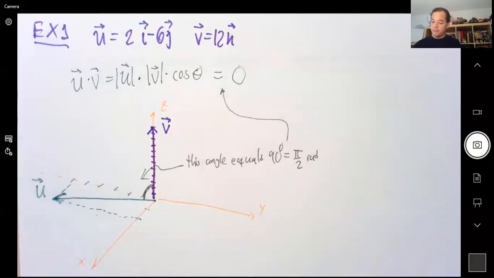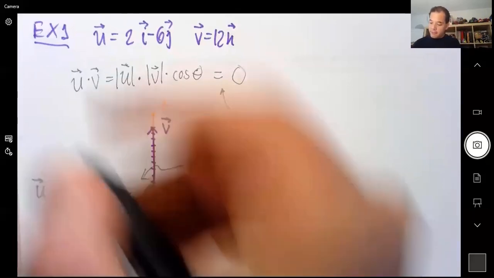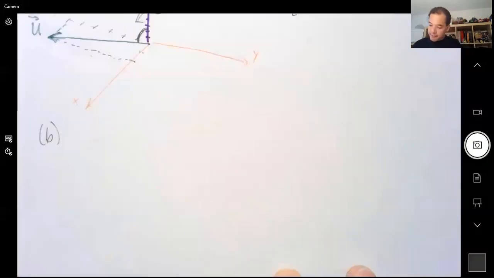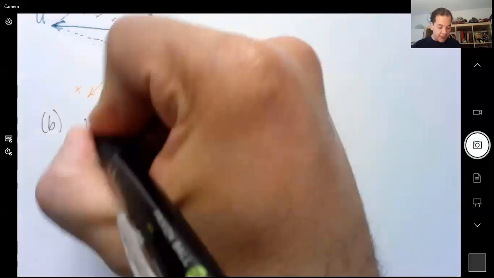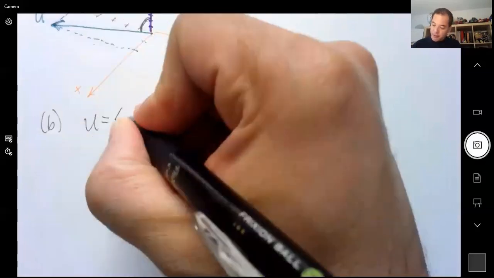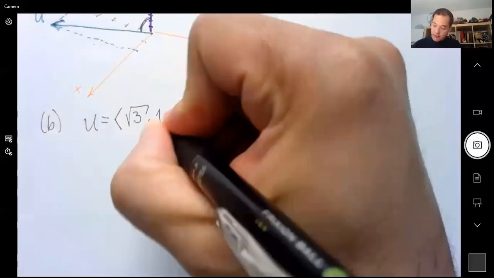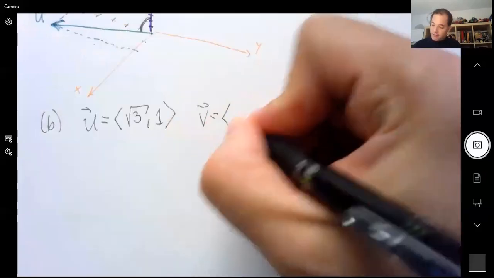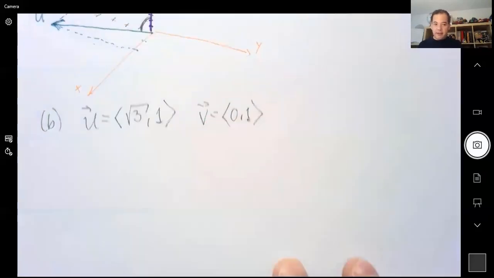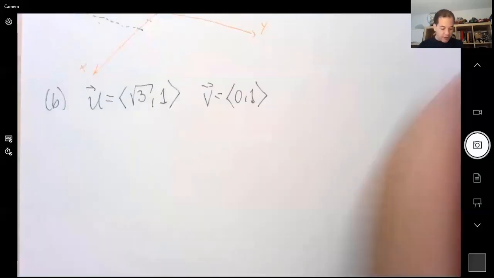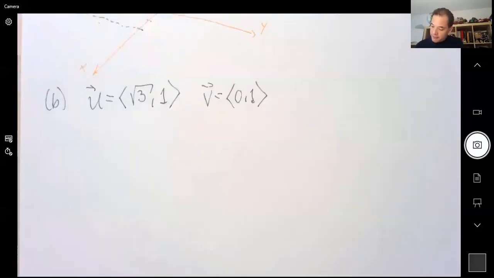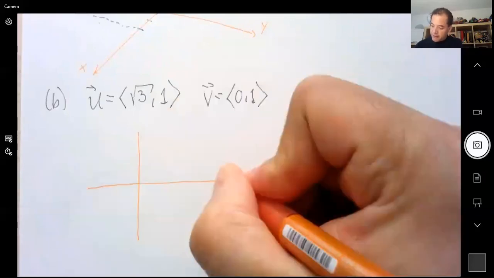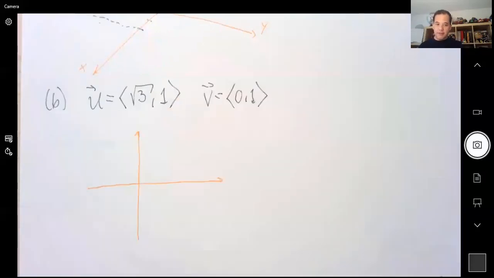All right, so that was part A. Let's take a look at part B. So for part B, now we have the vector u in the plane, which is square root of 3 comma 1, and the vector v is 0, 1. And the plane is easy because now we can create more accurate pictures, and everything is considerably easy, right?